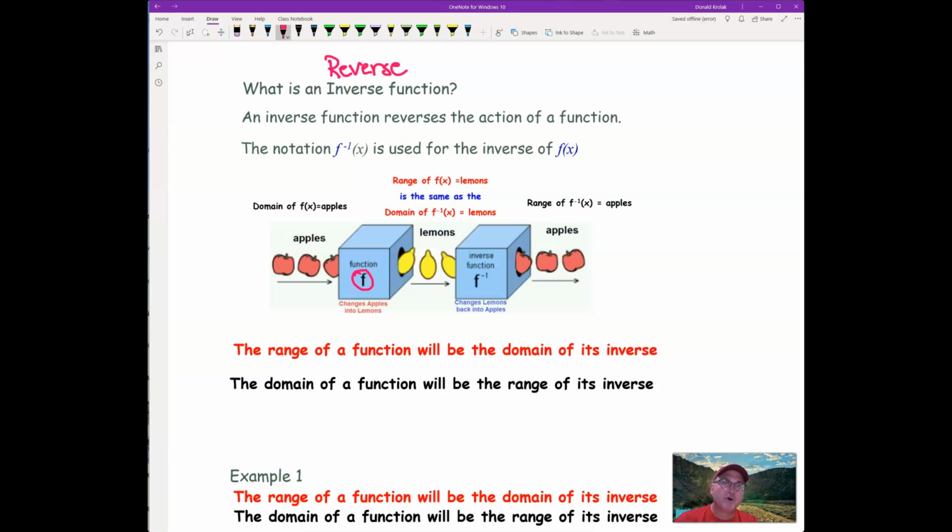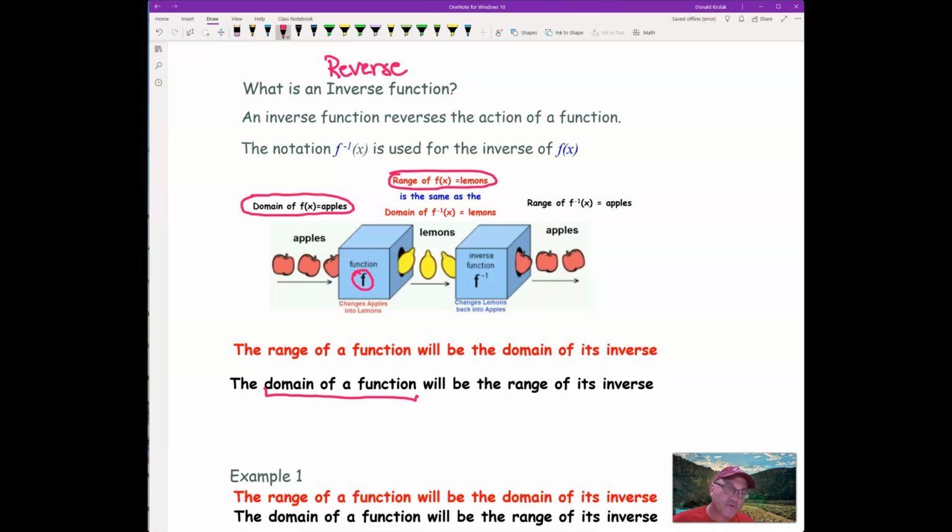Now there are some important relationships about the domain and the range of a function and its inverse, and we can discover that by using our apples and lemons. What goes into f is known as the domain of f of x. So what we put into the machine are apples. That's my domain. What comes out of this first machine is called the range of the original function.